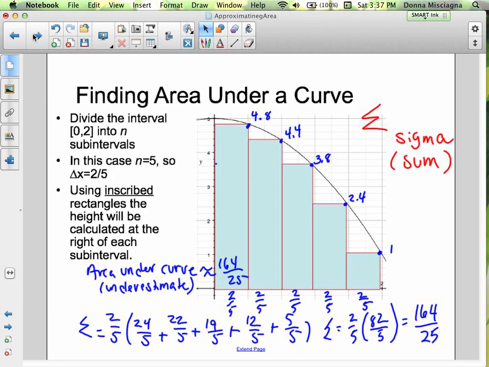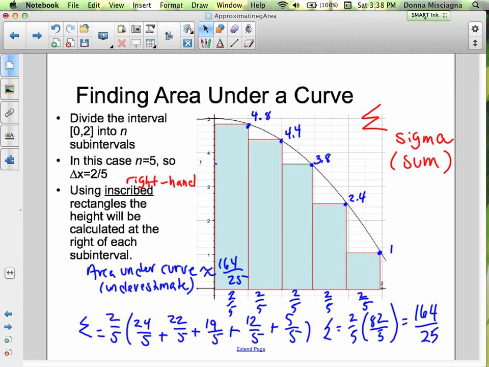So the height's going to be calculated on the right. The question generally isn't going to be asked as do the inscribed rectangle. You'll either be asked right, left, or midpoint. So in this case, if it's inscribed, what we're really being asked to do is use right-hand rectangles.